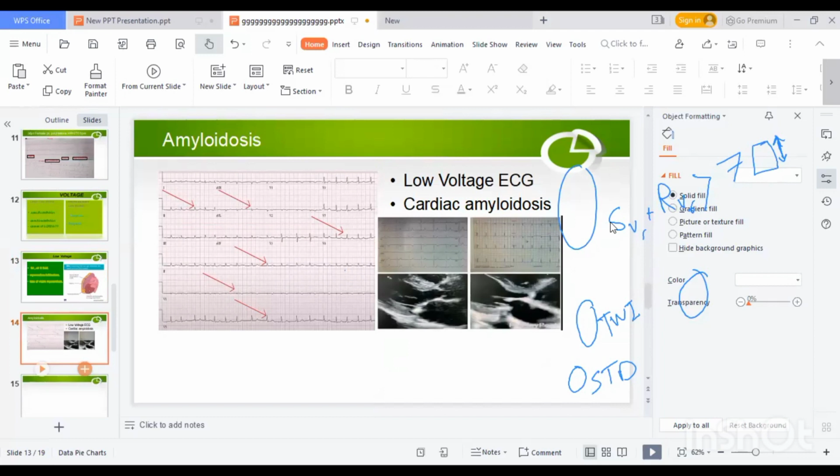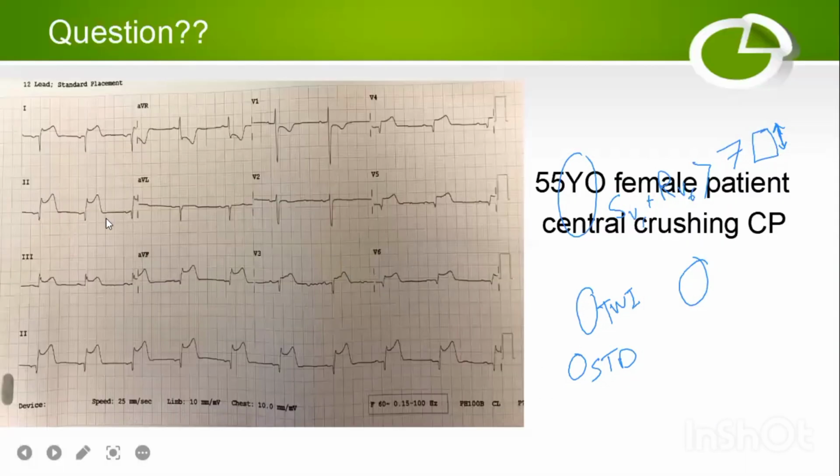Here, a 55-year-old female patient presented with central crushing chest pain. What is your diagnosis here? ST segment elevation in lead 1, V2, lead 2, lead 3, and aVF, and also ST changes. So it is acute MI, acute ischemia.